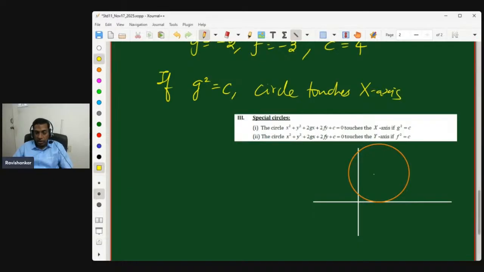Why did I draw it like this? Because if this is (2, 3), then this is 3, this is 3. So that means it touches the x-axis at (2, 0). So the correct answer is option A.